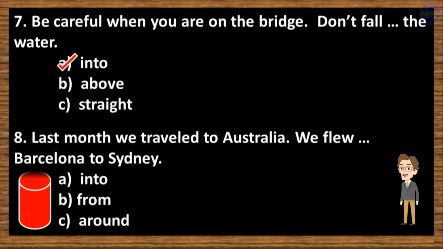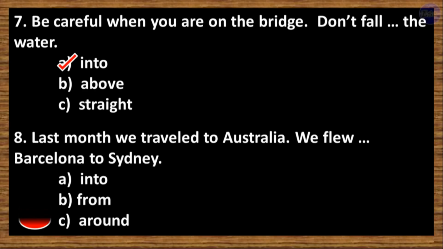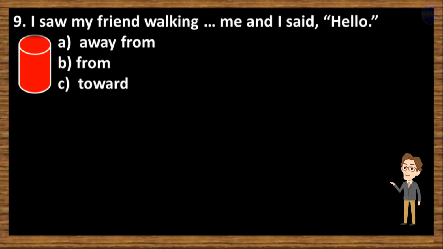8. Last month we traveled to Australia. We flew blank Barcelona to Sydney. A. Into. B. From. C. Around. 9. I saw my friend walking blank me and I said hello.